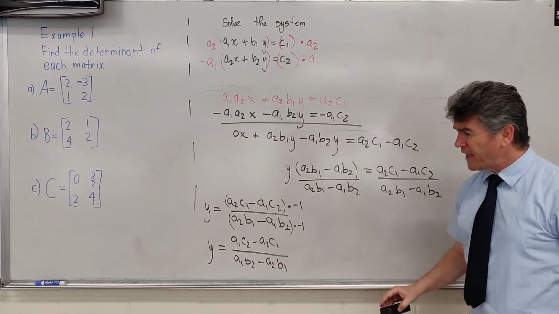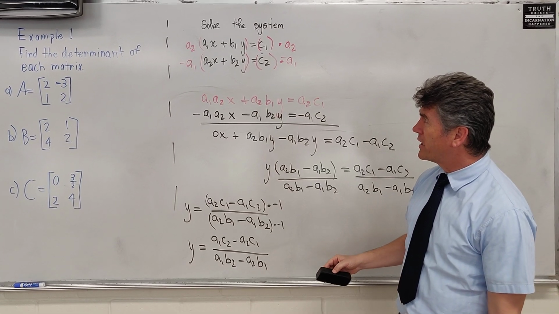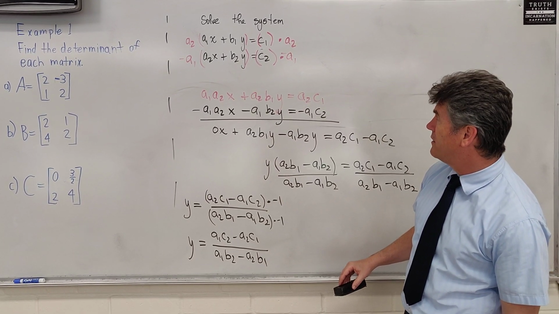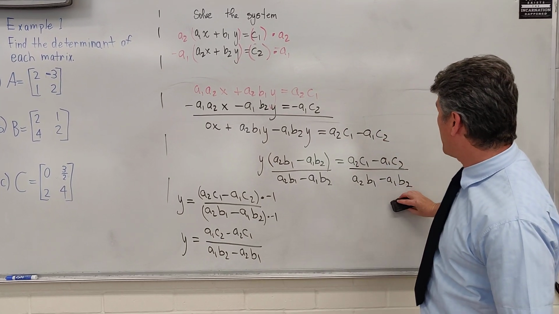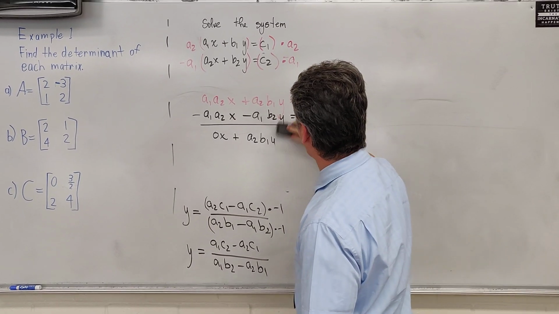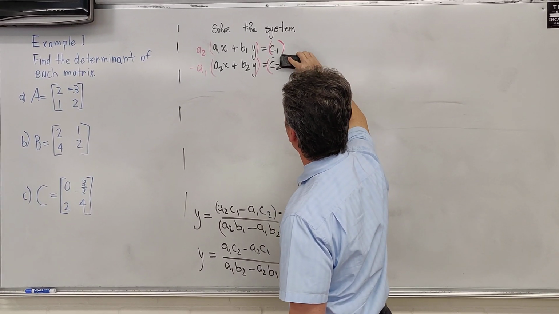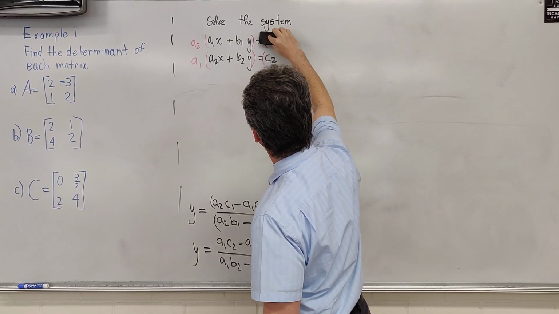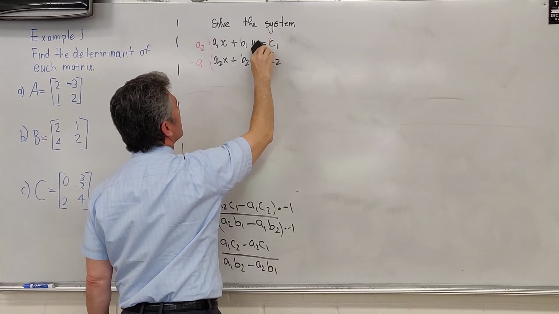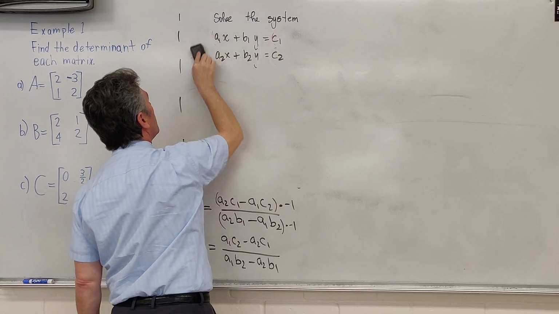Now, rather than take this expression and replace y by it, it looks really horrendous. It could be done. Rather than do that, what we're going to actually do is eliminate the y's now, and we're going to solve for x.